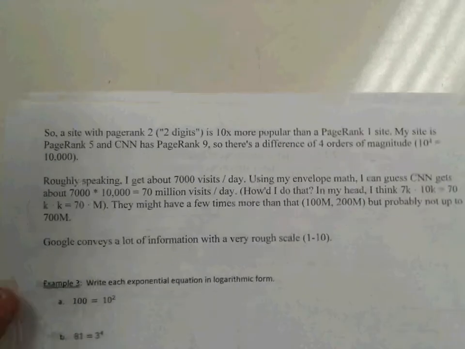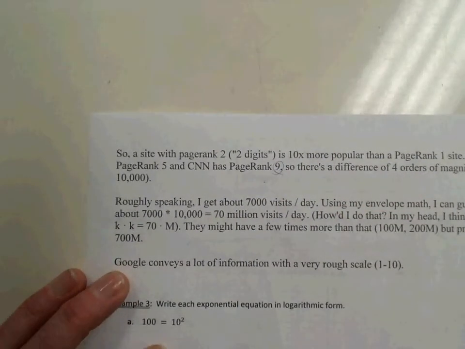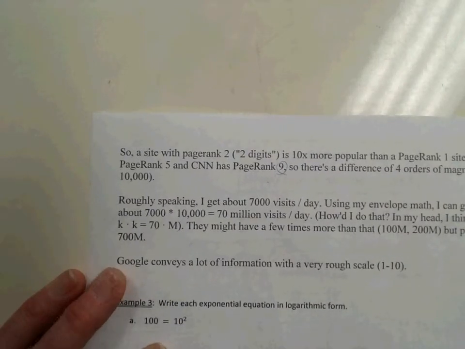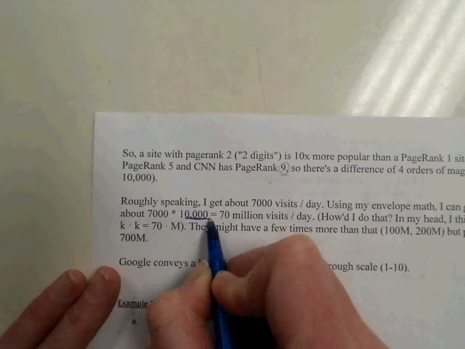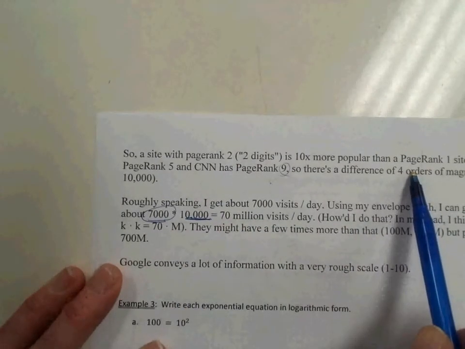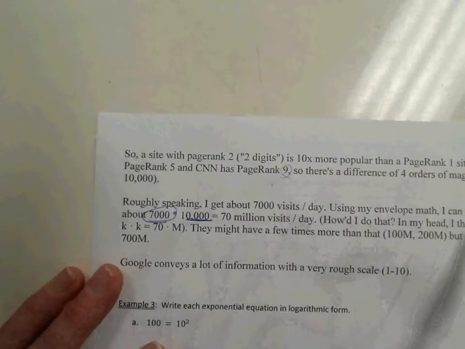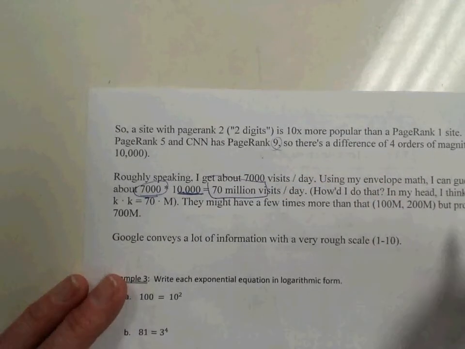Since their rank is 9, they have 4 digits, they get 4 more digits of views per day, so that's why you see the 4 zeros here, which the 7,000 was the rank of 4. So you can see where the 70 million comes from.